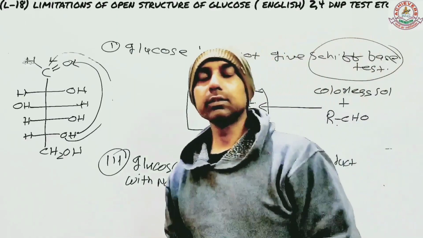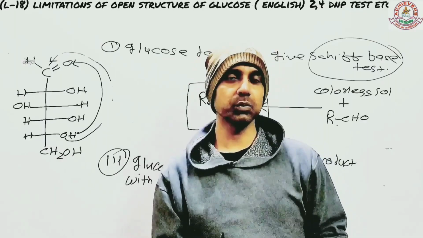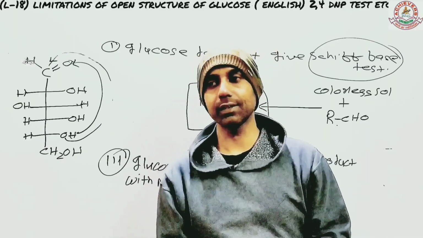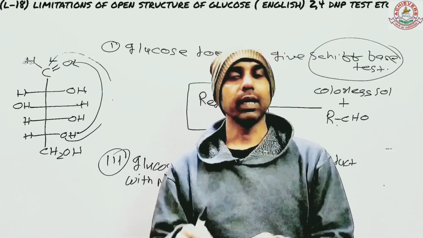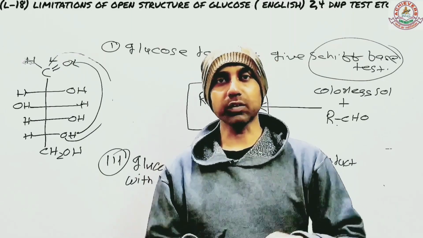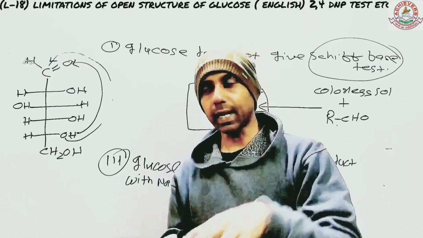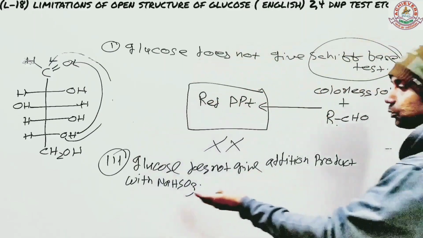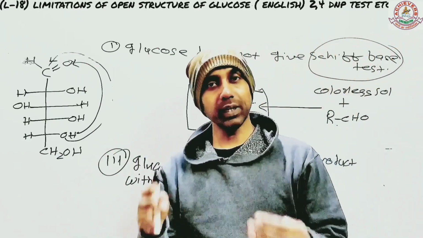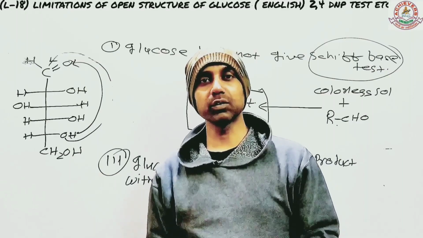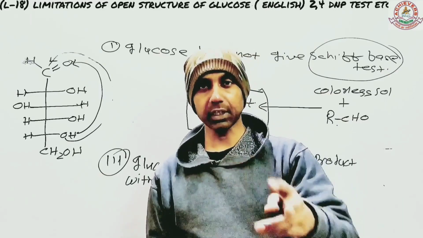If you remember the nucleophilic addition reaction of the aldehyde, in case you do not, you need to go back and check out that reaction as well. In short, we feel glucose has that aldehyde carbon with oxygen, but that oxygen is not free because it is used in making the ring. Because only the aldehyde can undergo this addition reaction with NaHSO3, there is no possibility that the open structure of glucose will exhibit this. So we are not able to find the addition product with NaHSO3. This is the third demerit.